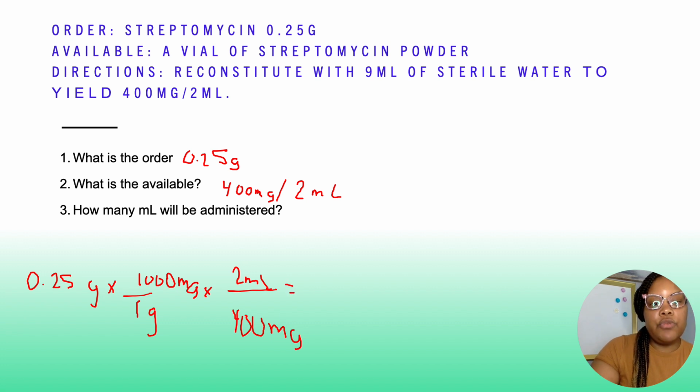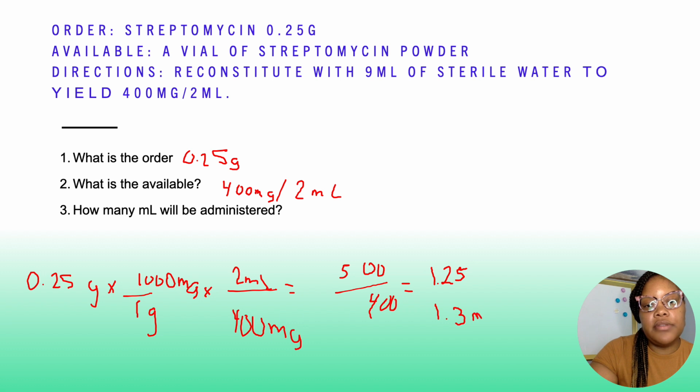So we multiply straight across and we get 500 on the top over 400. Put that in your calculator and we get 1.25. You will follow your rounding directions, but I'm going to round to the nearest tenth. So we get 1.3 mLs.